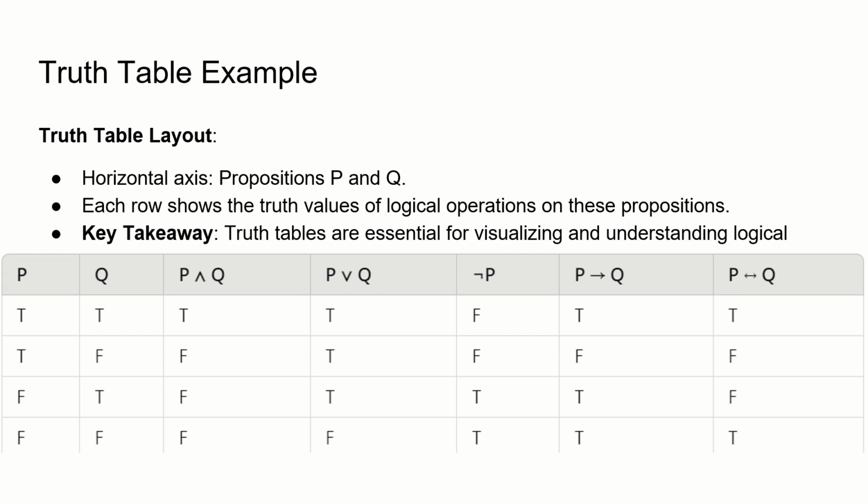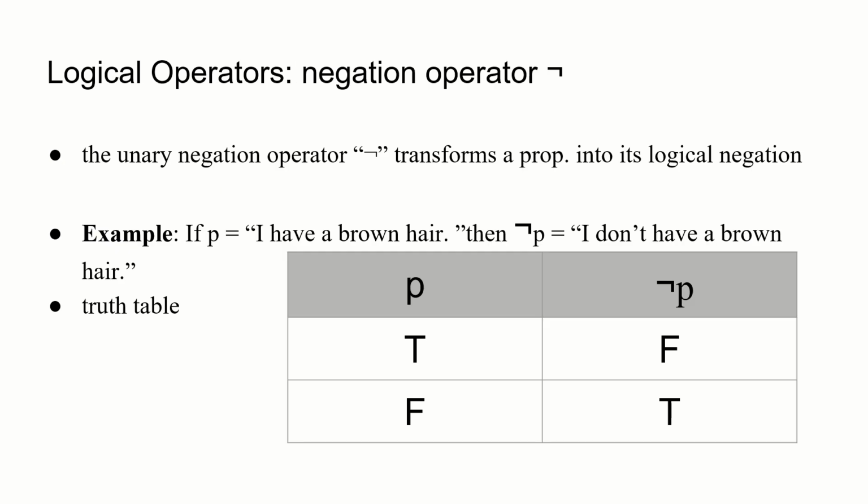There you will see the 5 logical operators, and we also introduce another logical operator. So today we will learn 6 logical operators. Let's move to the first logical operator, negation.